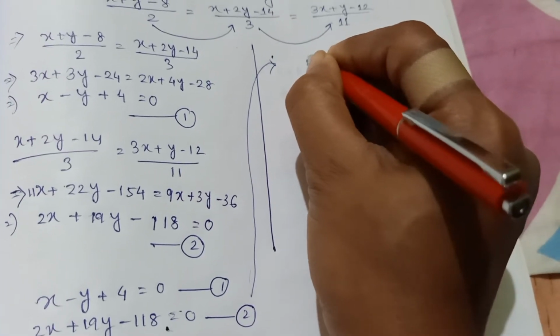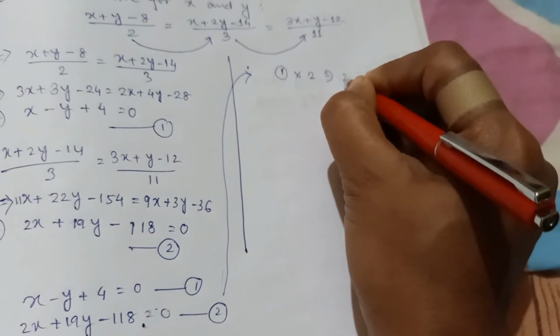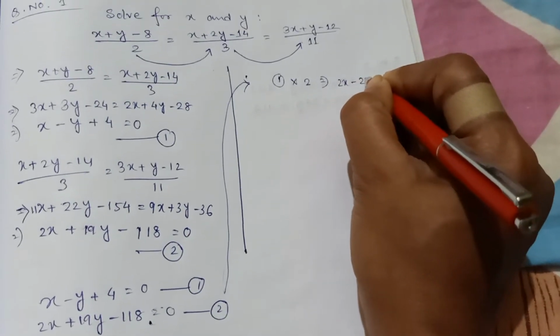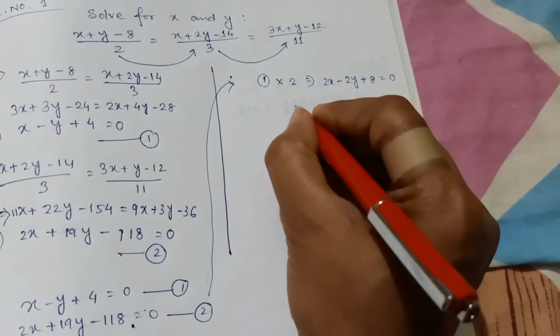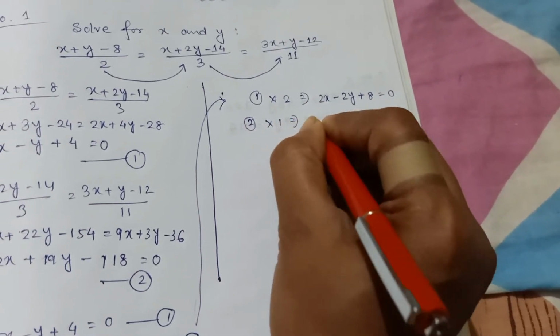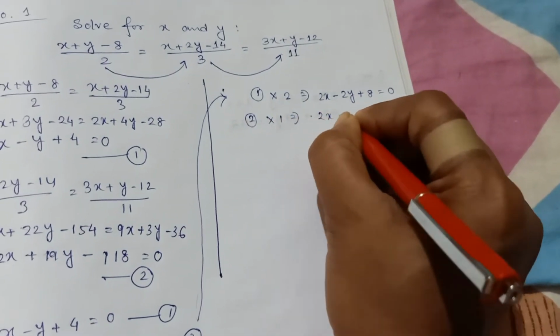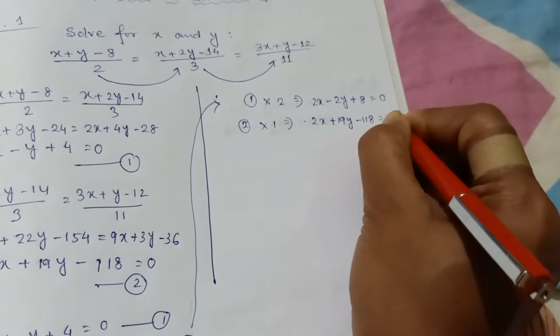Number 1, I am multiplying by 2, which gives 2x minus 2y plus 8 equals 0, and number 2 I am multiplying by 1, which gives 2x plus 19y minus 118 equals 0.